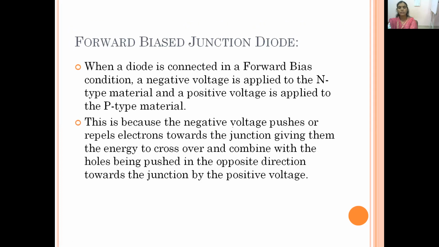See in the diagram. This is because the negative voltage repels electrons towards the junction. Thus, the negative voltage pushes or repels the electrons towards the junction, giving them the energy to cross over and combine with the holes being pushed in the opposite direction toward the junction by the positive voltage.